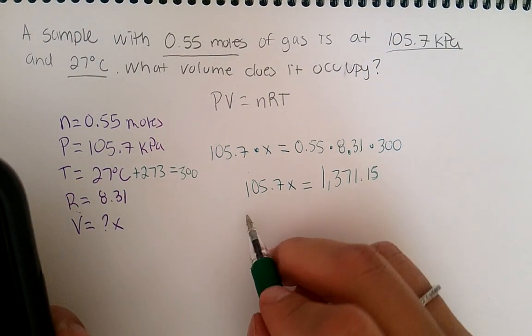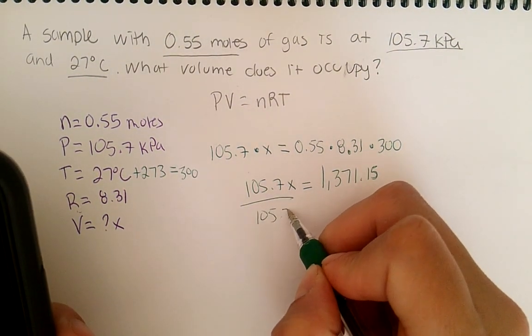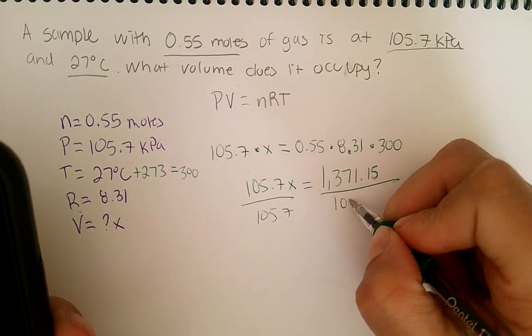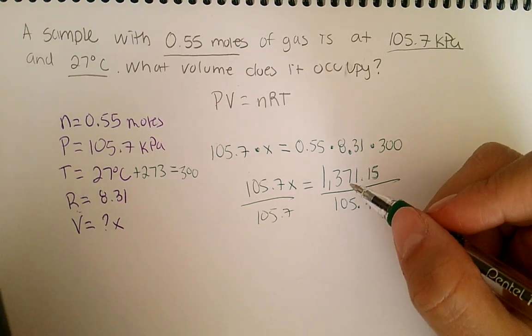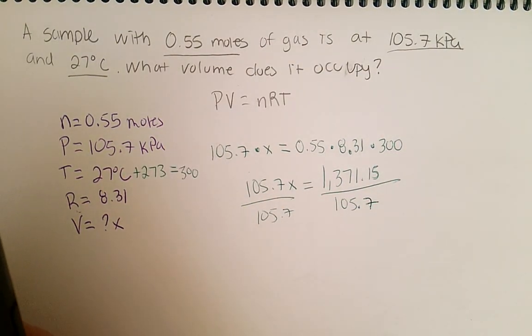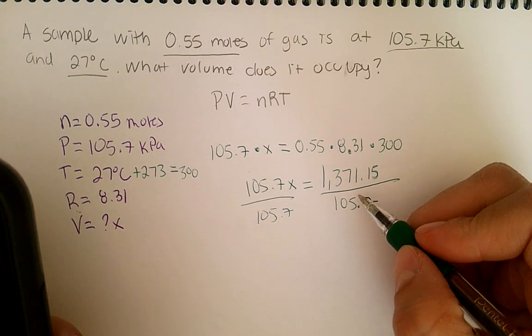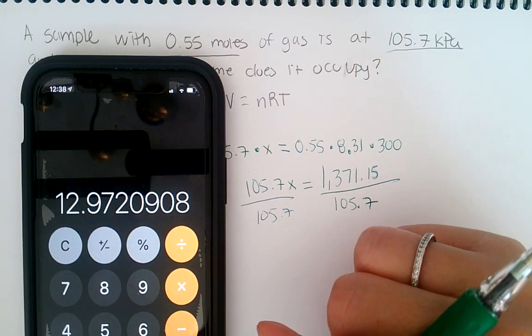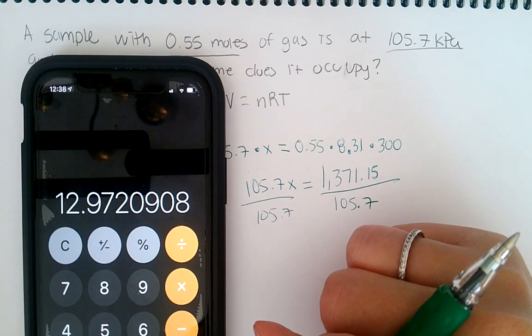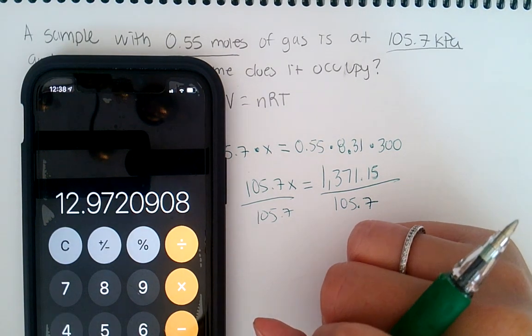And since we want to get rid of the 105.7, we're going to divide by 105.7. And if we divide these by 105.7, we'll get 12.9720908.